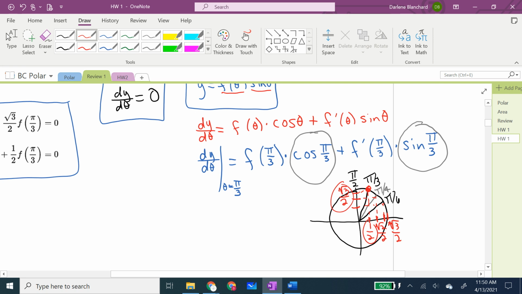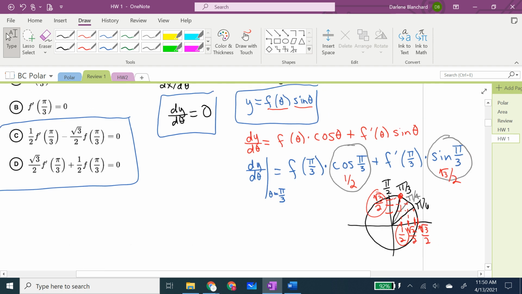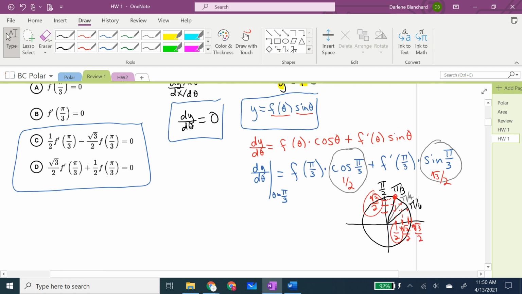The x coordinate is the cosine, and the y coordinate is the sine. And now let's see which one matches that up. So I'm going to highlight the regular f of pi over 3, and now I can see that it's letter D.